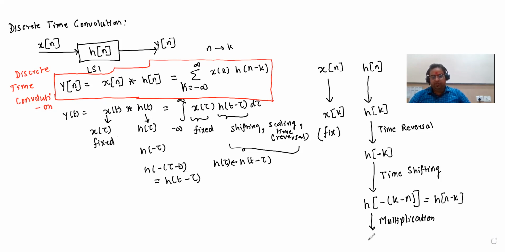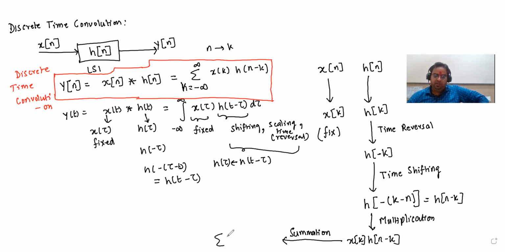In the last step, where we had done integration, here we are going to do summation, because in the discrete time case, whenever we change a function from continuous to discrete time, integration maps to summation.